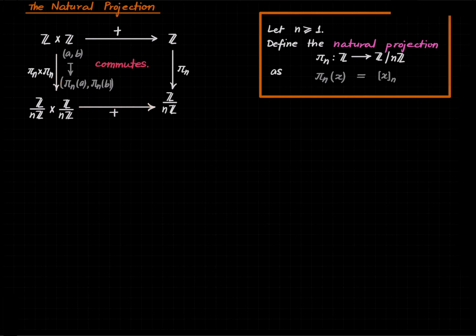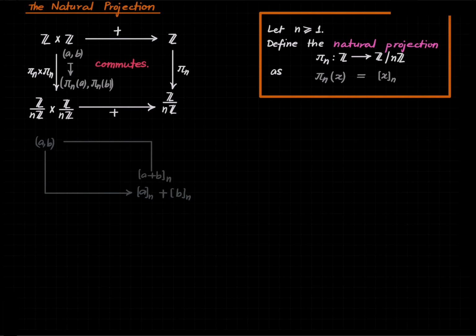So when we chose this path, and we started with a comma b here, when we chose the lower path, we ended up at this sum. And when we chose this path, we ended up with this thing.